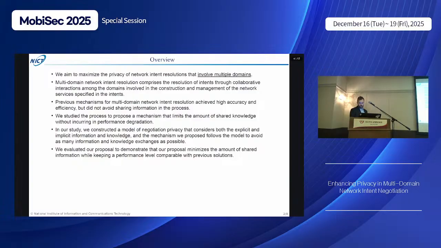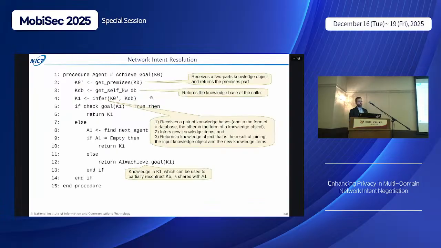We have evaluated our proposal to demonstrate that we achieve our claims. First, we introduce the network intent resolution, in an abstract way. We begin by sending one agent what we call the goals, which are the output of the preprocessing of the network intent in natural text.